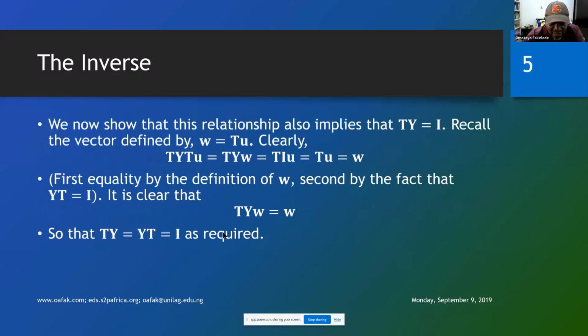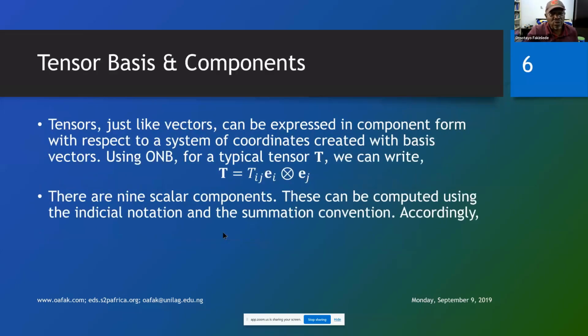So we have finished the discussion about the inverse. That is, if an inverse exists, and if that inverse is Y, then T itself is the inverse of Y. So we are now going to go to the idea of tensor bases and components.